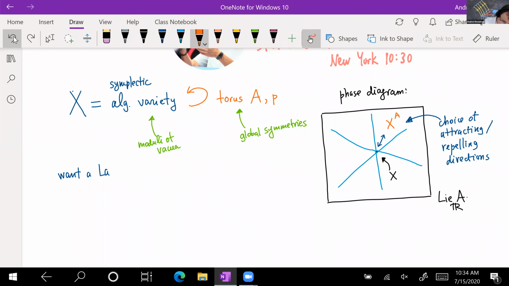So maybe the picture to have in mind, if I have something like this, then in reality these attracting trajectories are not going to hit this S3 in something nice. In fact, they're going to hit S3 in something very singular. I'll draw something like that.